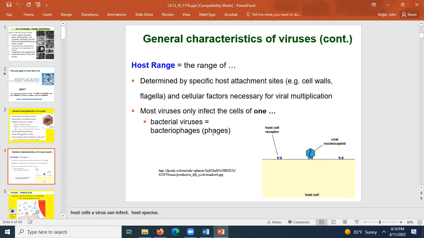And I think it infects your macrophages, and a few other cells of humans. But it does not infect all human cells. And that host range is due to the high specificity of the attachment molecules on the virus and the receptors on the host cell. Any question about any of that?